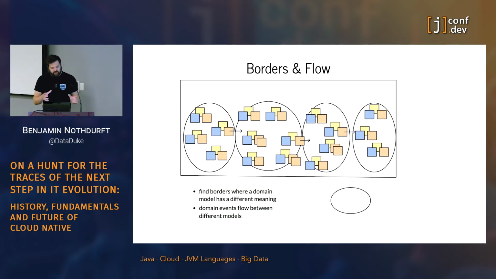And this gives us an idea where the borders might be, so we can look at each domain model separately, and if it has a change in its attributes, we figure out that we are going over a certain step.